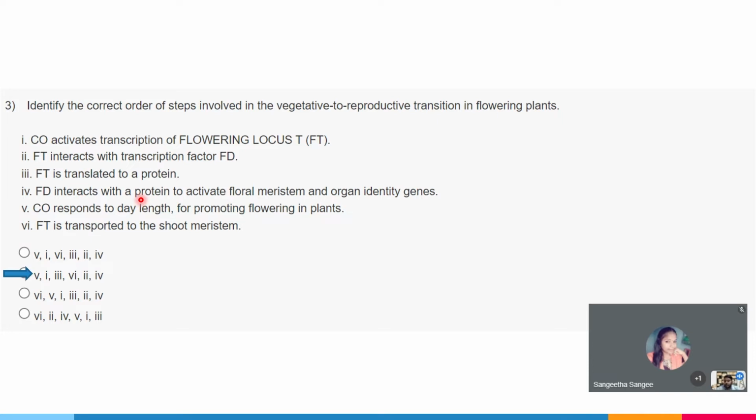FD interacts with a protein to activate floral meristem and organ identity genes, which include LEAFY and APETALA. So the correct order is 5, followed by 1, followed by 3 where it is translated to protein, followed by 6 where FT is transported to the shoot meristem, then 2 where FT interacts with transcription factor FD, and finally 4 where FD interacts with the protein to activate floral meristem and organ identity genes. So the correct option from these is number 2.